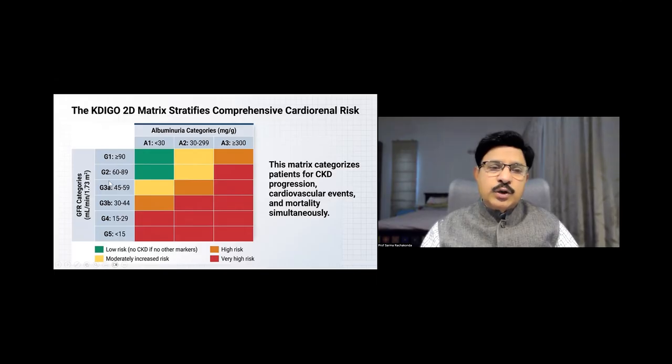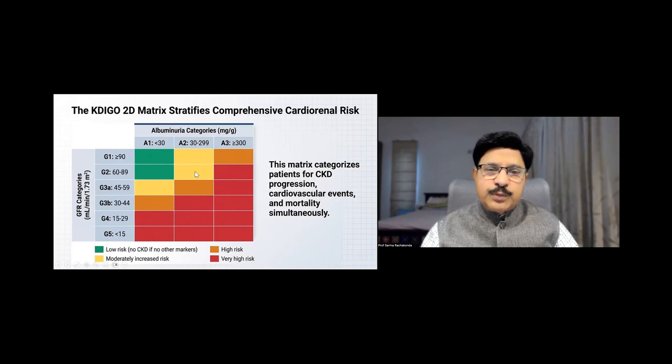Classical 5 stages of glomerular function. Stage 1, stage 2, stage 3A, stage 3B, stage 4, and stage 5. In the albuminuria, less than 30 is normal, 30 to 299 is the microalbuminuria, more than 300 macroalbuminuria. If a patient's EGFR is here and he has no albuminuria, he is at low risk of CKD, the green one.